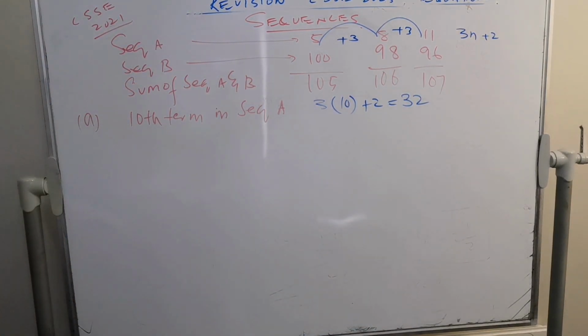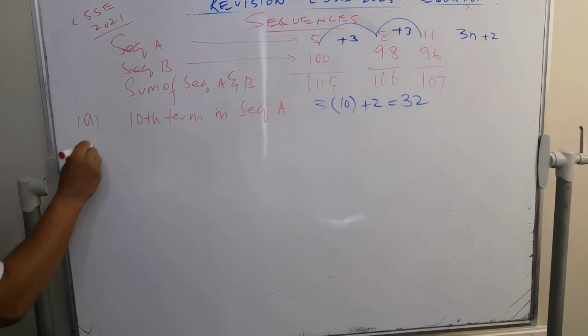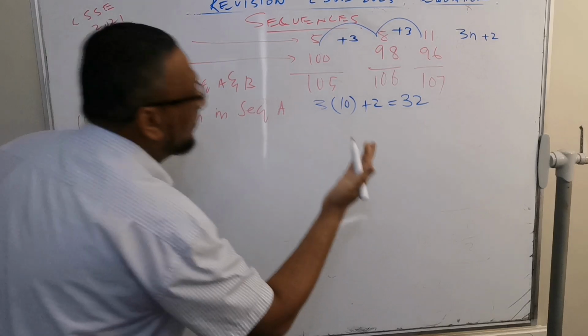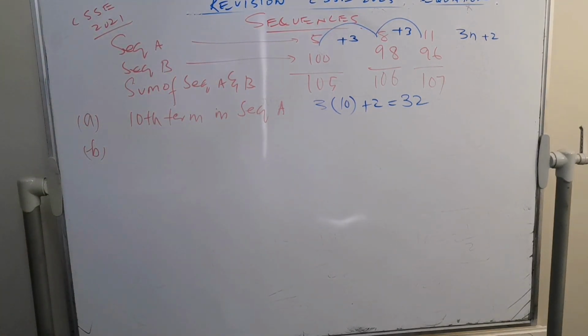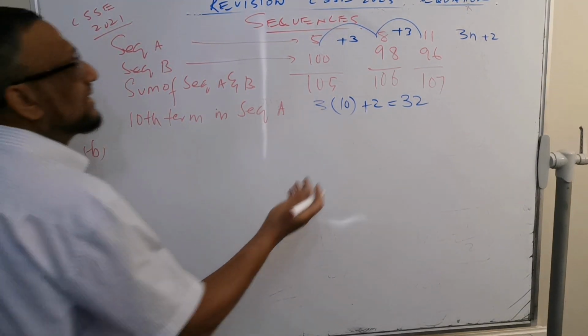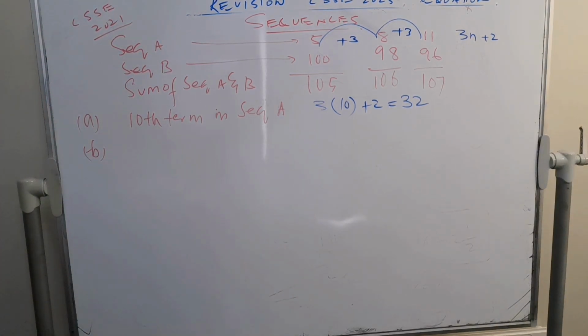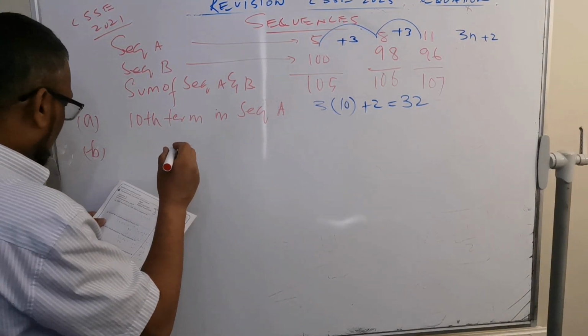And now part B: in what term would sequence A reach 101? Okay, so if the result is 101, what is the term? Basically, in what term is the value equal to 101?